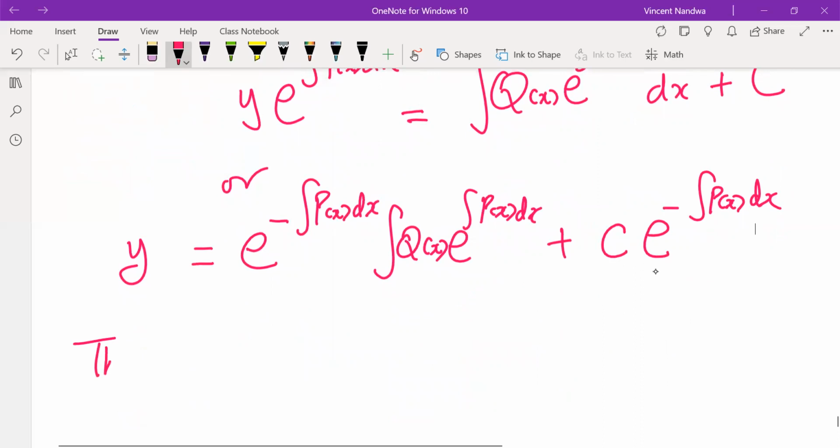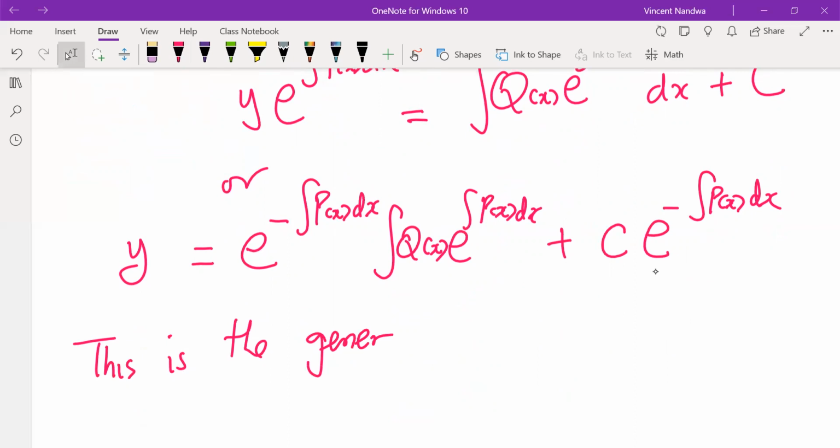So this is the general solution of star.